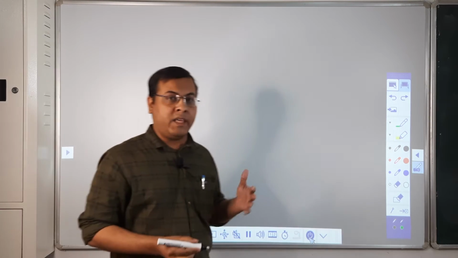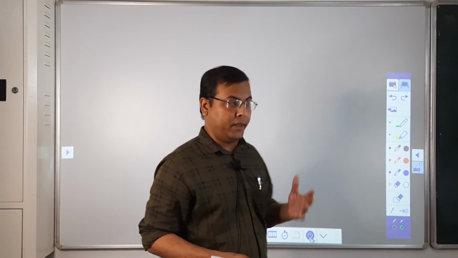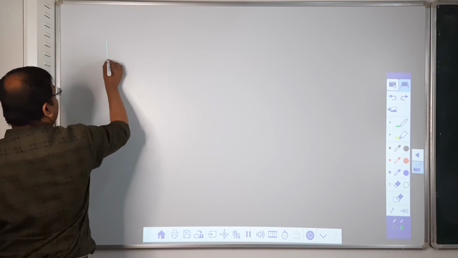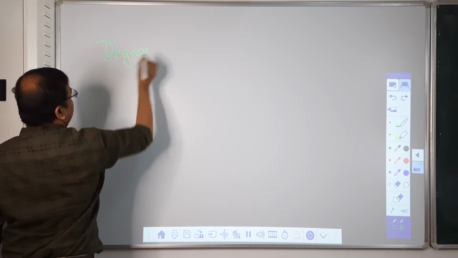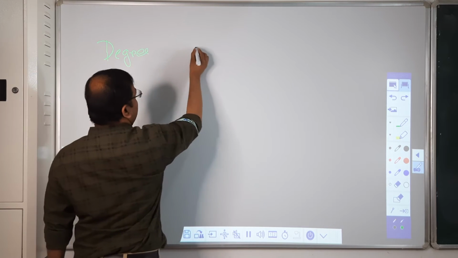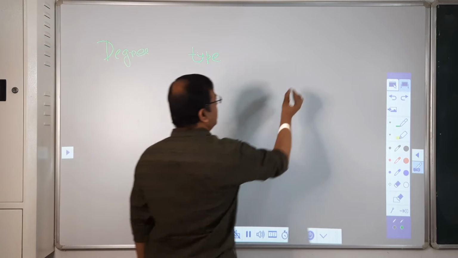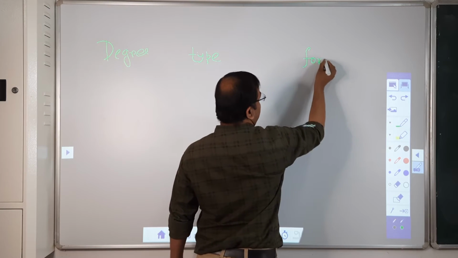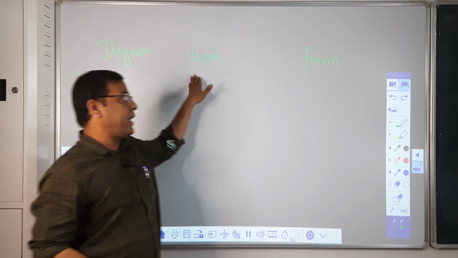Now the types of polynomial on the basis of degree. Form, degree, type and form.